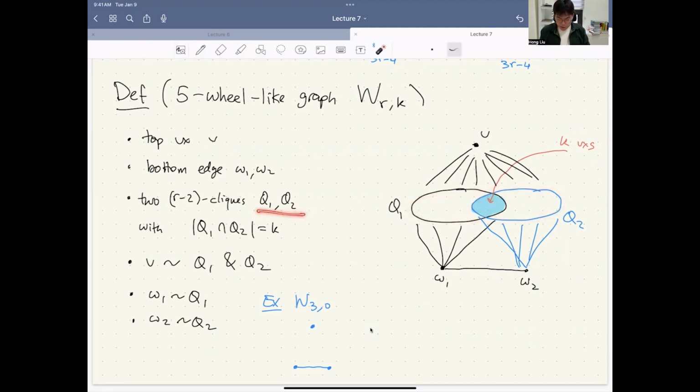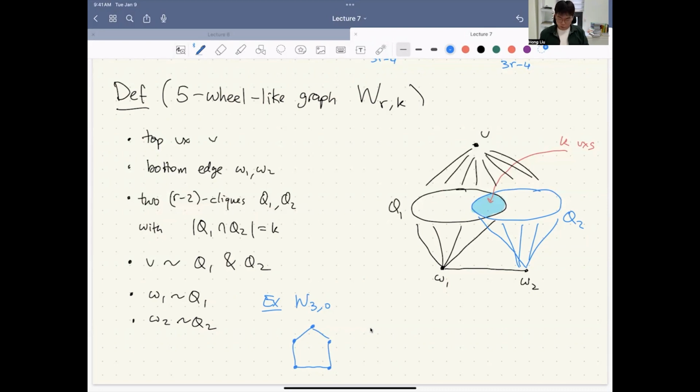The size is r minus 2, which is 1. And k, their intersection, is 0. So the two disjoint ones, cliques of size 1. This is Q1, Q2. And W1 joined to Q1, W2 joined to Q2, V is joined to both of these two cliques. So that's the 5 cycle.